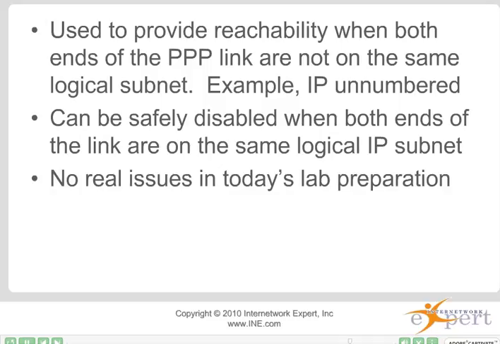So you could still have reachability because that /32 is learned in the negotiation and then installed in the local routing table as a connected route. So being able to have situations, you may have something like IP unnumbered, but still able to connect to that other side and still have those routes for that remote endpoint.